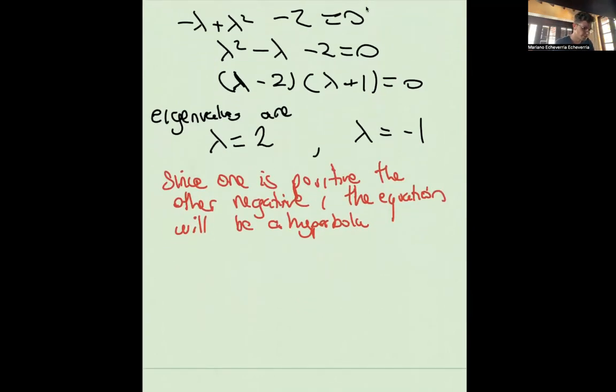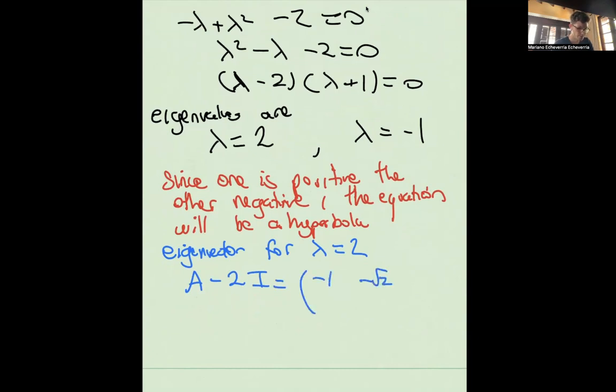So let's find the eigenvector for lambda equals 2. Now you have to look at A minus 2I. That is minus 1, minus root of 2.